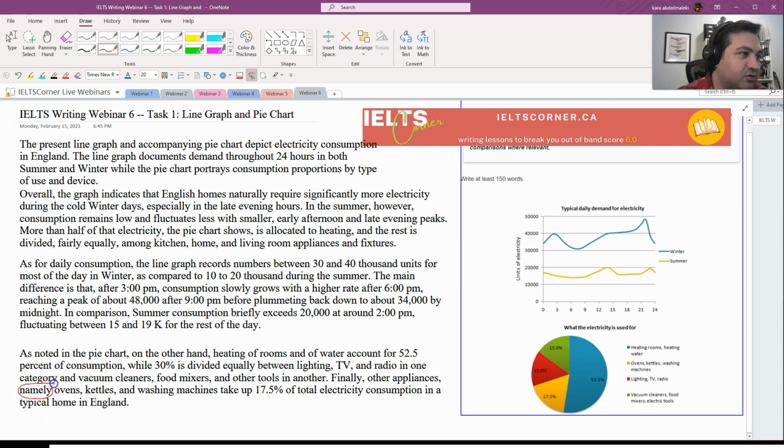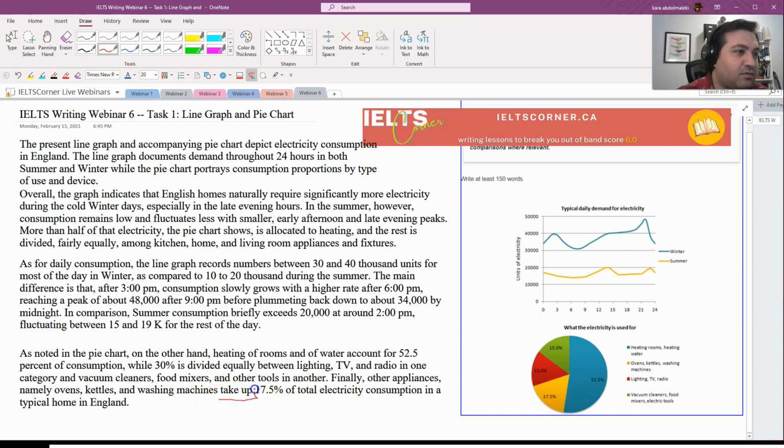Namely is when you include all of the constituents or members of a group, right? Ovens, kettles, and washing machines. So those three, and that's here. Ovens, kettles, and washing machines, and that's 17.5. So I'm gonna report that number exactly. So I reported all of the numbers here in the pie chart, right?